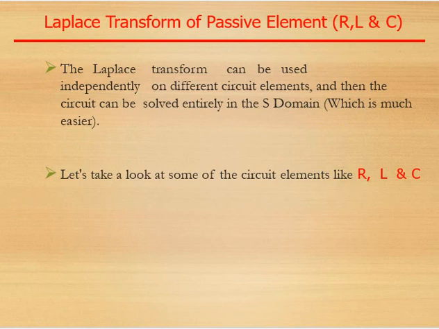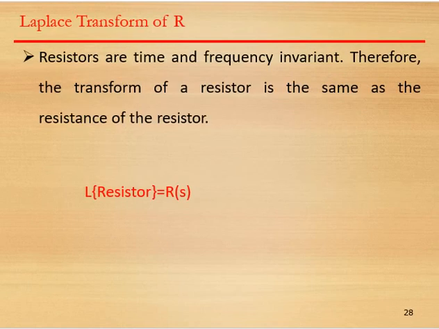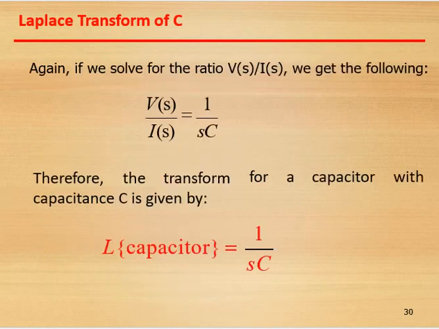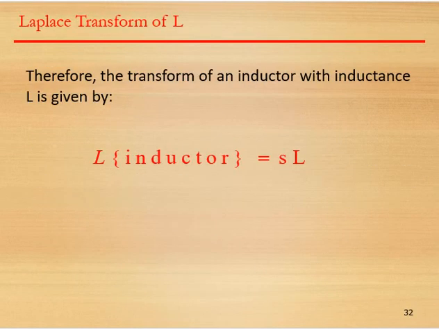After that we saw the Laplace transform of passive elements like a resistor, inductor and capacitor. I think you may know what is meant by a passive element. The Laplace transform of a resistor is R, the Laplace transform of a capacitor is 1 upon SC, and the Laplace transform of an inductor is SL.